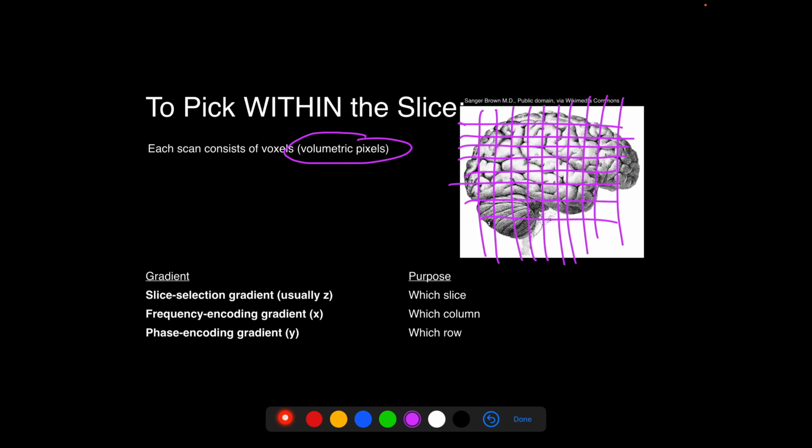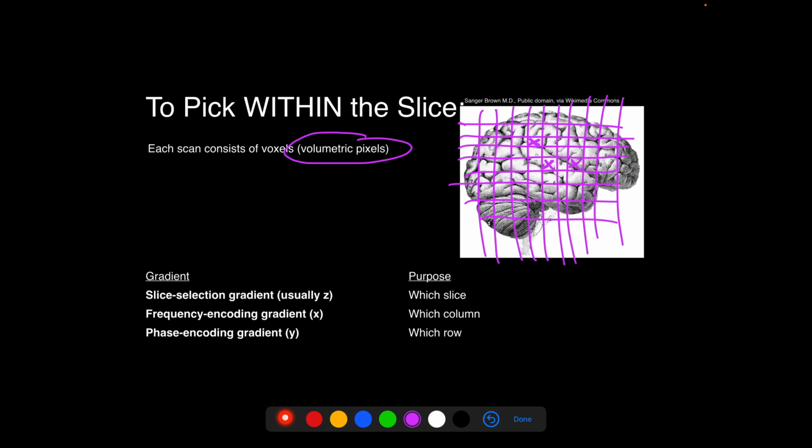Consider that each of these little squares is a voxel. So that's one, that's another, and that's another. We can use a very clever combination of gradients to work out exactly which voxel the signal is coming from inside the slice.